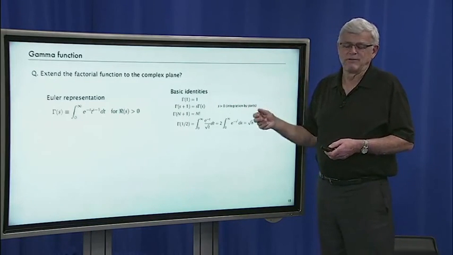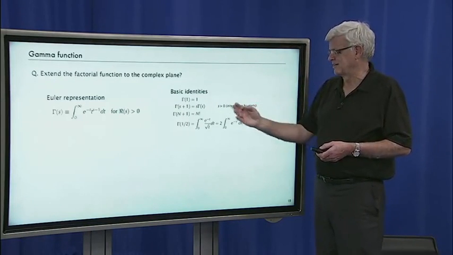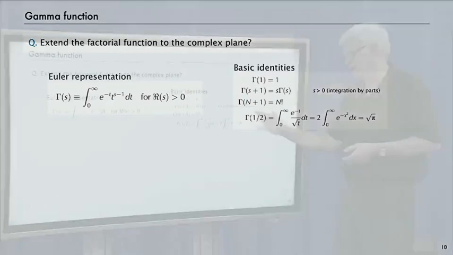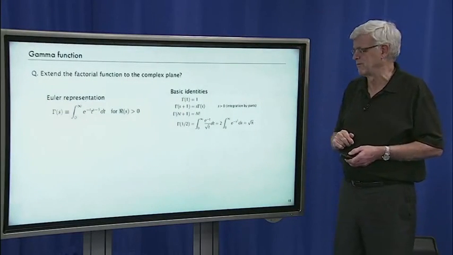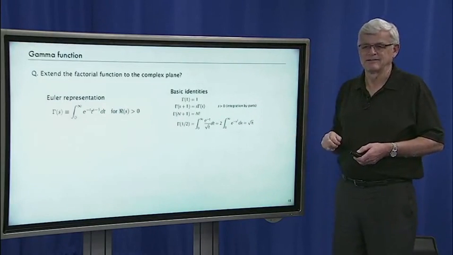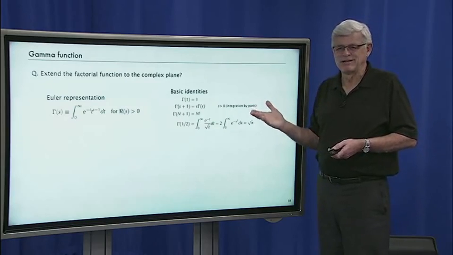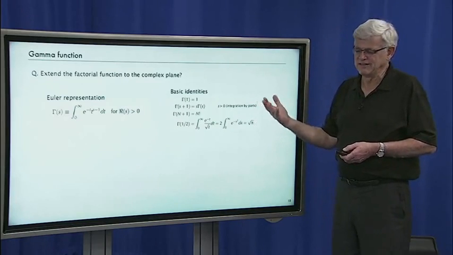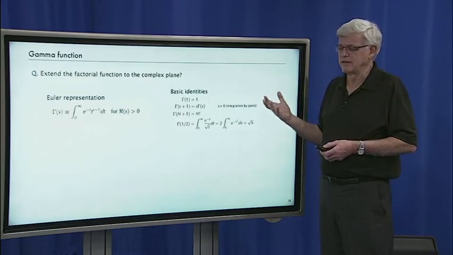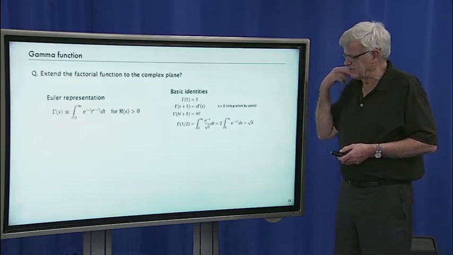So, for example, a very important value of the gamma function is gamma of 1/2, which is the integral of e to the minus t over square root of t dt, which by change of variable is the integral of e to the minus x squared dx. And that's a well-known definite integral related to the normal distribution: the square root of pi. Gamma of 1/2 is the square root of pi. And that's a key fact that actually plays a very important role in this lecture and in the asymptotic analysis of many, many combinatorial classes.